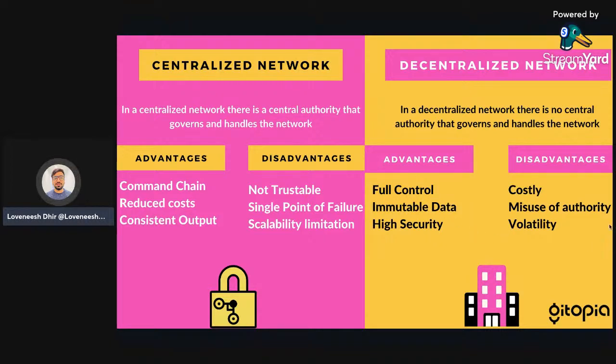So now coming to the decentralized networks. So what are decentralized networks? These decentralized networks are networks in which there is no central authority that governs and handles the network. They rely on peer-to-peer networks.